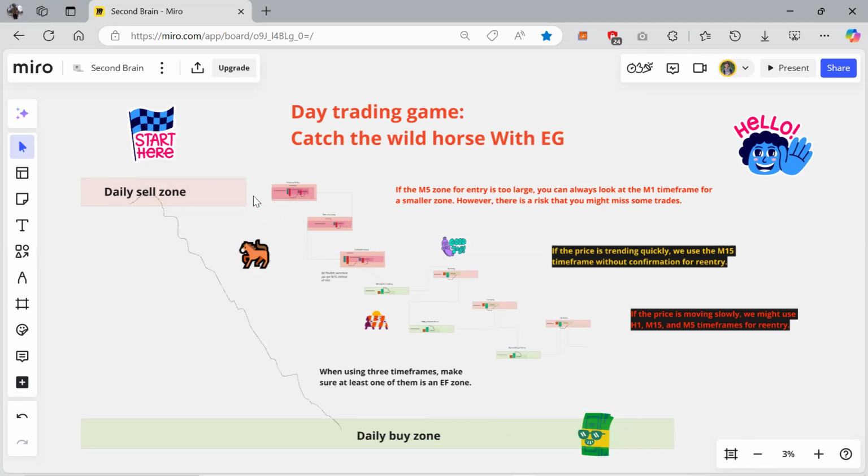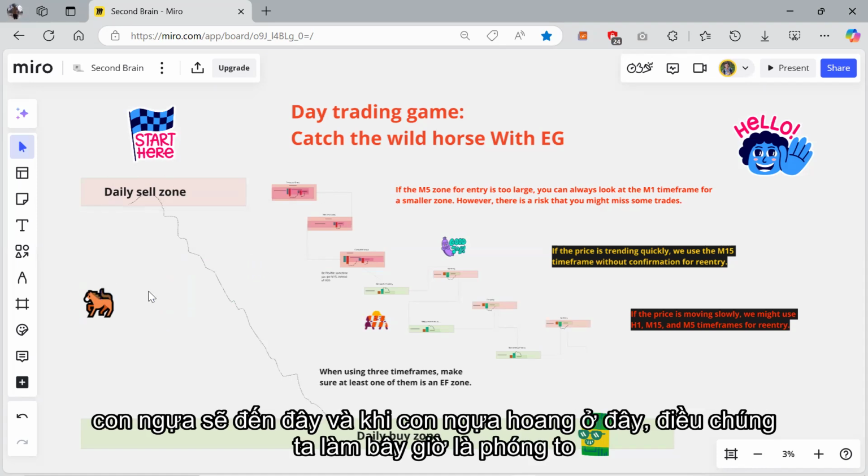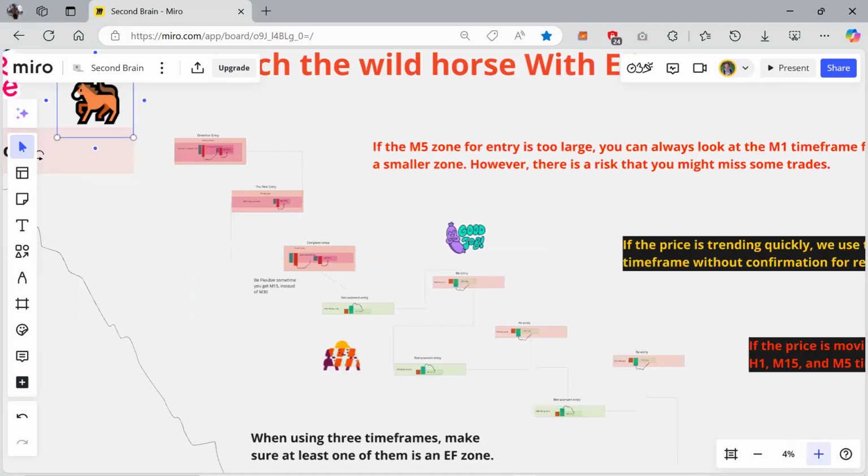Let's zoom in. Let's say we start here, at the daily sell zone. Just imagine you know that the wild horse will come here. And when the wild horse is here, we are going to zoom in.